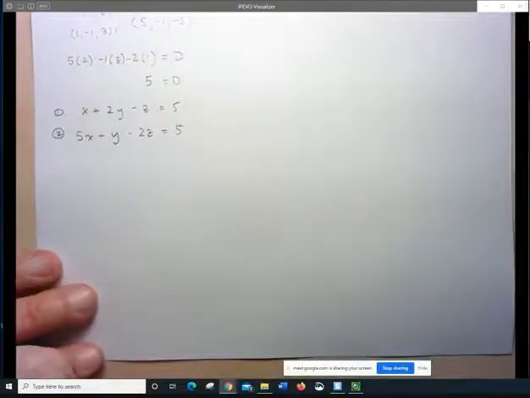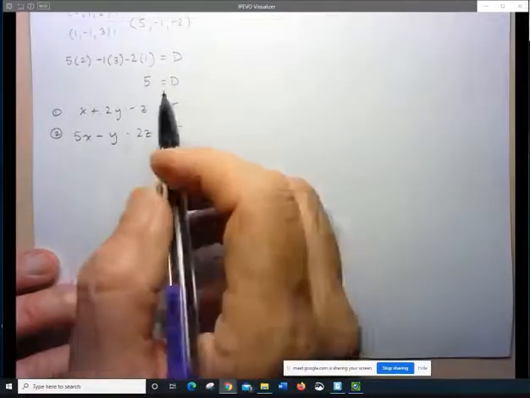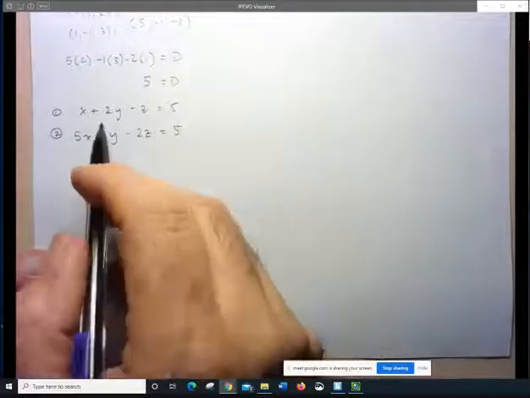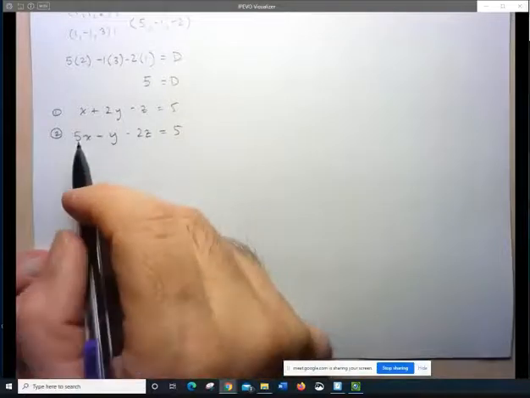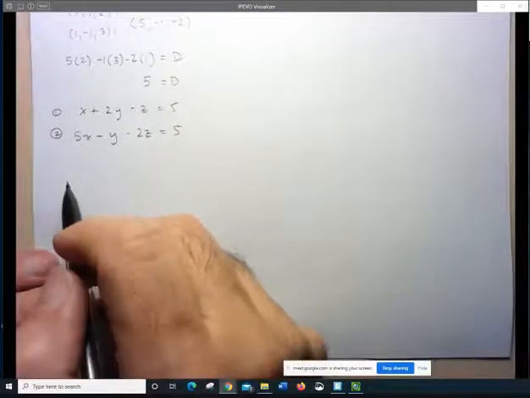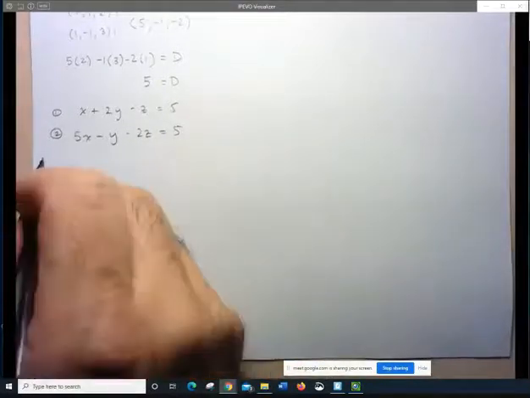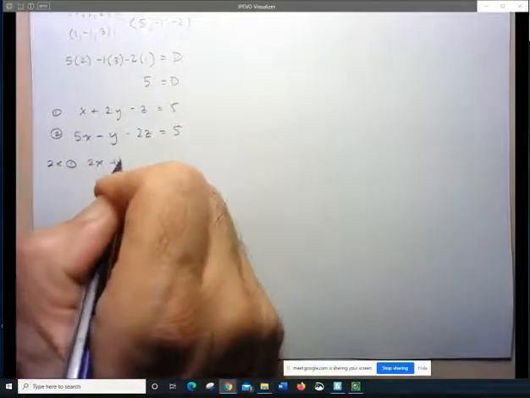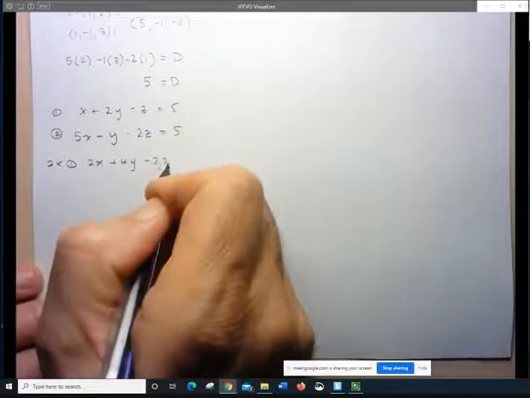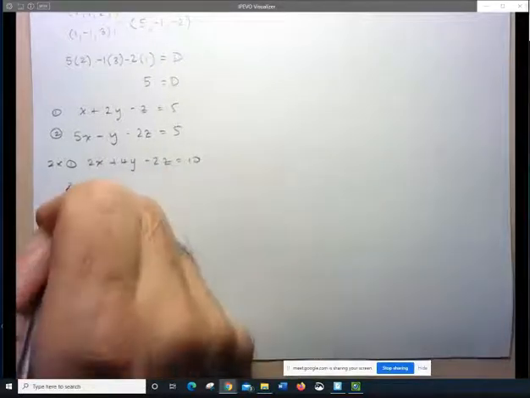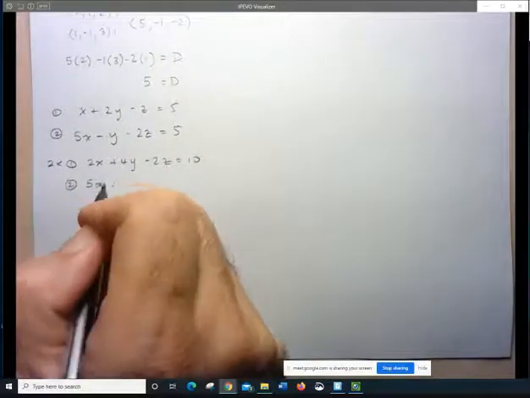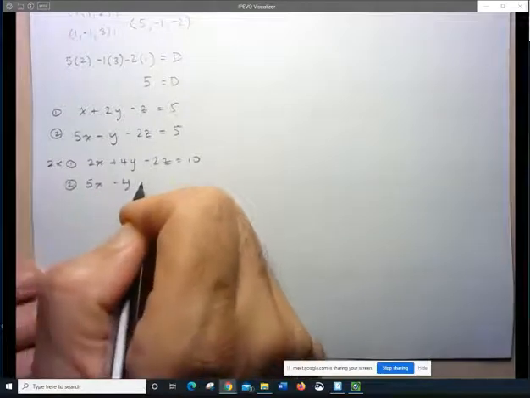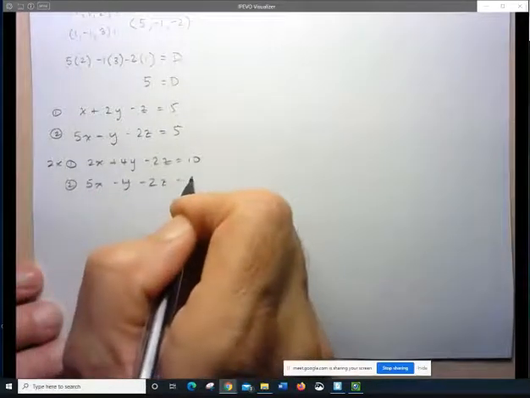I'm going to eliminate the z's, although the y's would have also been good. I probably would have avoided the x's here, since y would be multiplied by something so big. So I'll do 2 times equation 1. What do we have? 2x plus 4y minus 2z equals 10. And then equation 2, 5x minus y minus 2z equals 5.